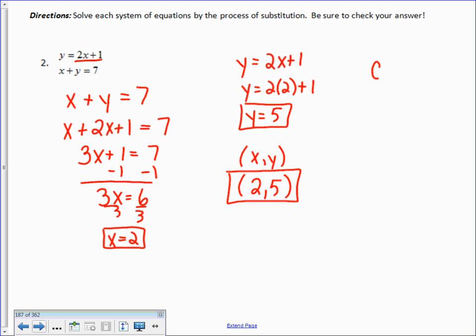Again, I would have to do a check. So I'm going to check with that second equation, and 2 plus 5, does that give me 7? And yes, it does check out. And that is how I solve systems of equations using what I call the substitution method.